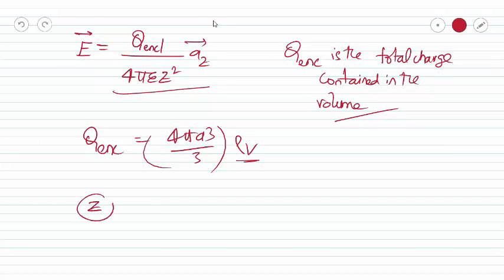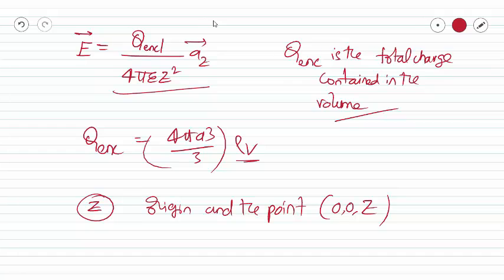And what is z? If you look at the figure carefully, z is the distance between the origin and the point 0 comma 0 comma z. That means z is the distance of the vector drawn from the origin to, let us say this is the origin and this is the point P, which is 0 comma 0 comma z in this case. So z is the distance of the vector drawn from the origin to the point of interest.